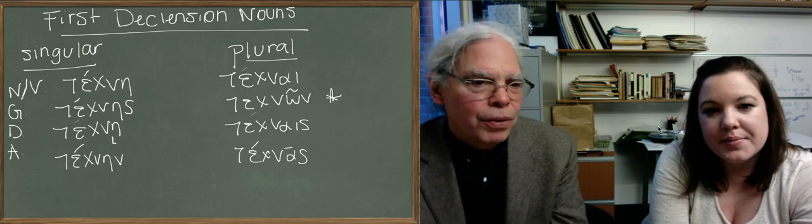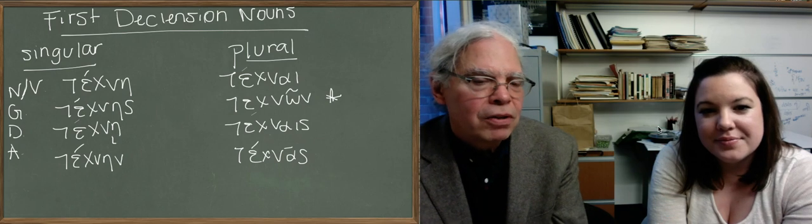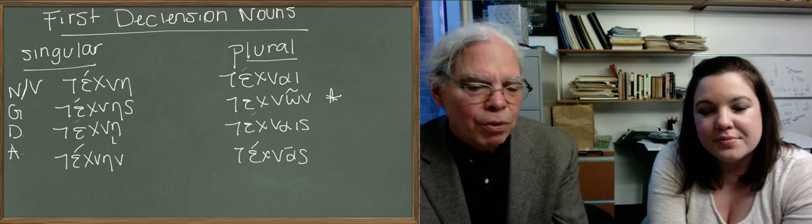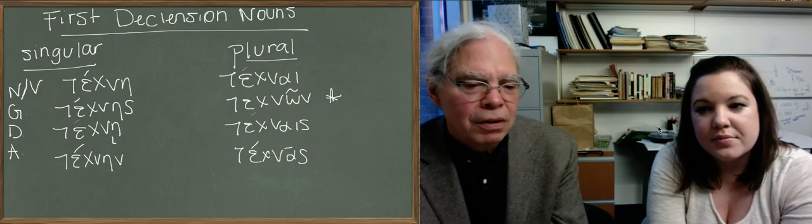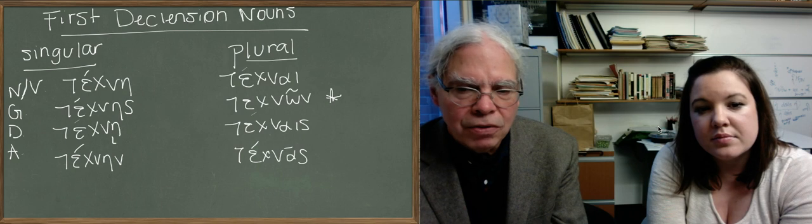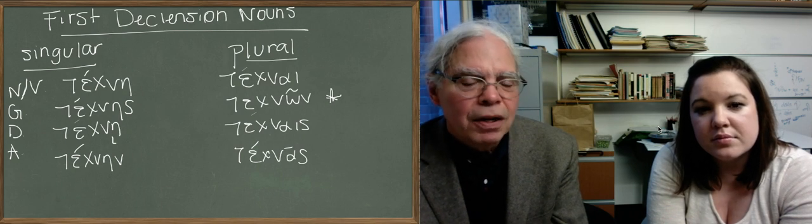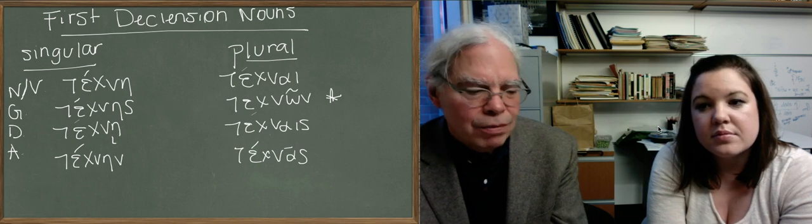There's also one thing to notice about the thing that Belisi's just remarked about the accent, okay? We're going to learn more about how words are accented this coming week, okay? But you notice that the accent of all the forms is the same. That is, it's on the epsilon of techne, except in the genitive plural. And this is true of all nouns of the first declension.